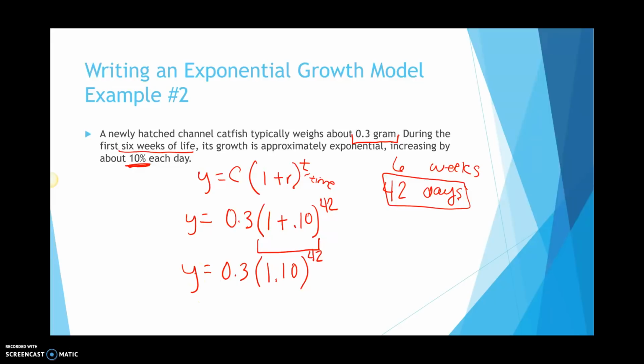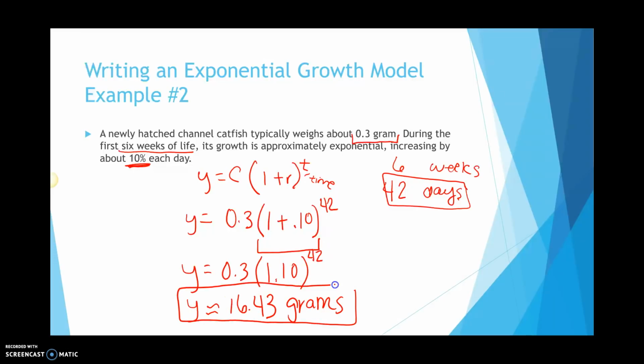When I multiply that out, I get approximately, y is approximately 16.43 grams. And that's going to be my answer. So after about 42 days, that's how much my catfish is going to weigh. Again, I would plug this in your calculator just to see how we got those numbers, and I can review this in class as well.